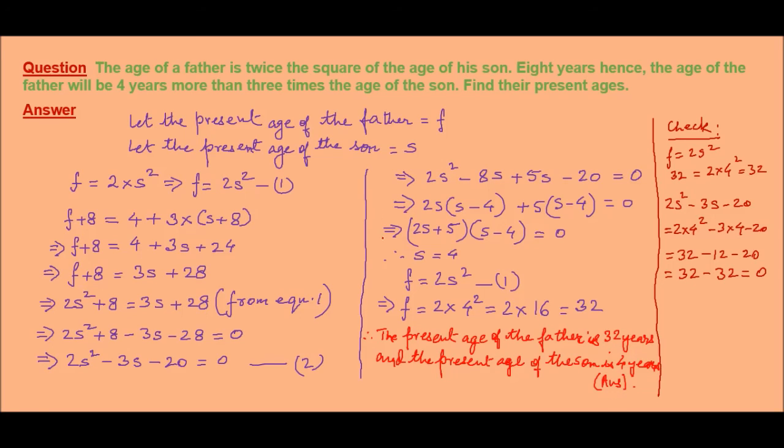So students, this is how you have to solve word problems related to quadratic equations. For any word problem, the crucial part is to get the corresponding equations from the information provided in the question. So you read the question carefully, know what has to be found out, whether it is a single unknown.